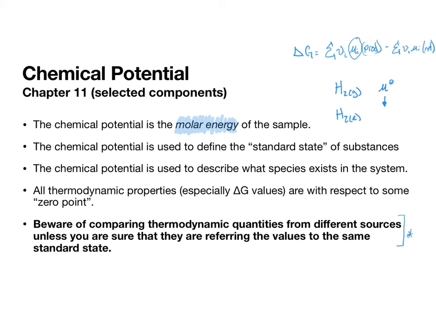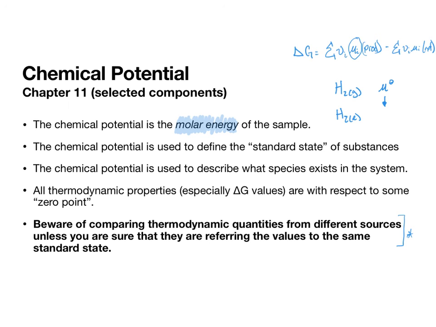If you are looking in one book that is treating H2 gas as the standard state and is reporting something like a delta G for H2 liquid, that would be different than if something was treating H2 solid as the standard state and reporting the value for H2 liquid, because the change between the solid and the liquid is different than the change between the liquid and the gas. And so we really have to be careful about using tables that are from multiple different sources.